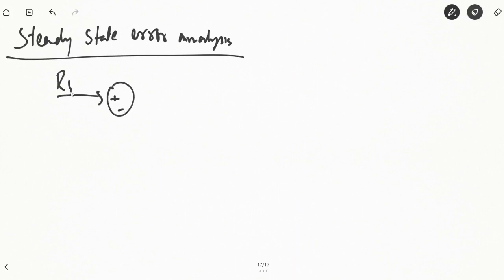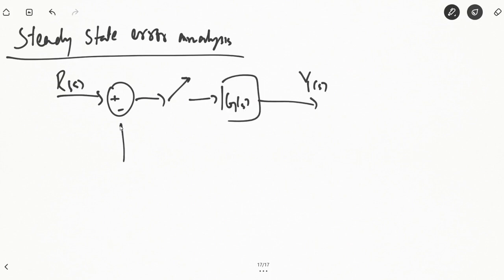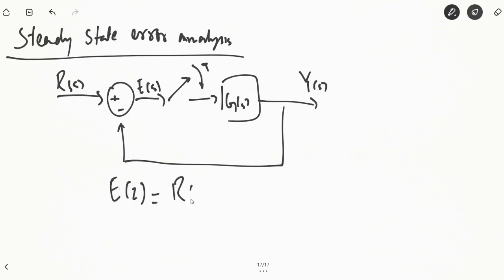R(s), you have a closed loop system whose open loop transfer function is G(s). You have a sampler here of T that gives E(s). For this case, we have already seen that E(z) will be equal to R(z) divided by 1 plus G(z). So the steady state error will be given by the final value theorem again.